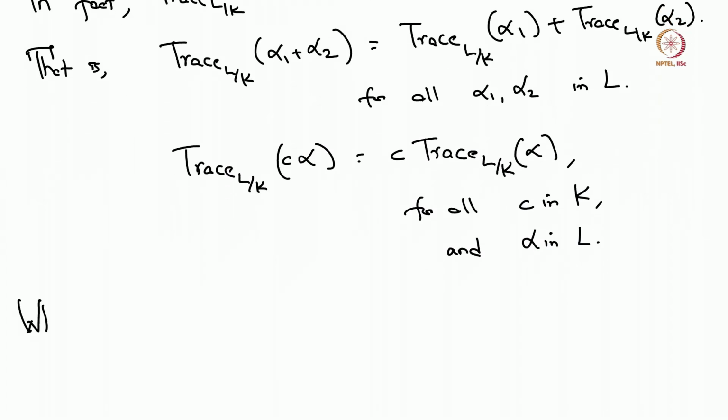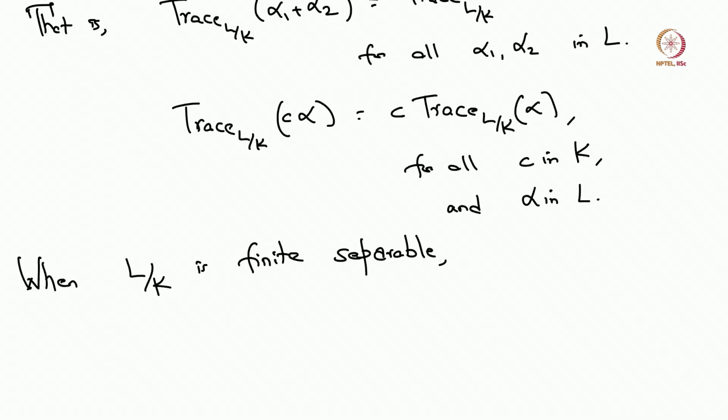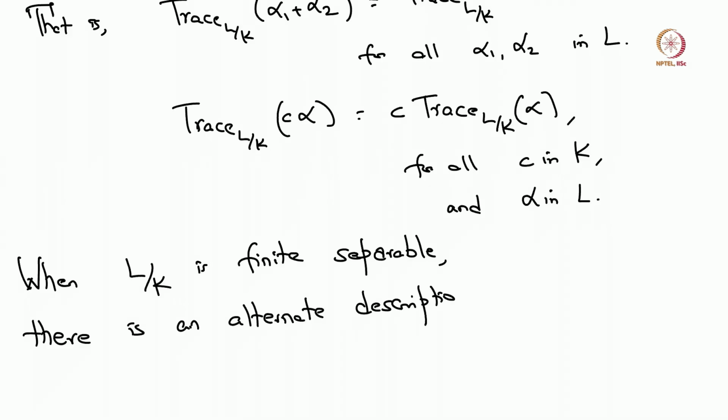So when L over K is finite separable, there is an alternate characterization or an alternate description of this trace map and the norm map.